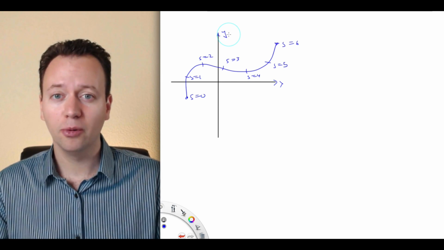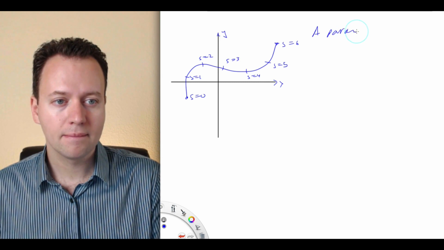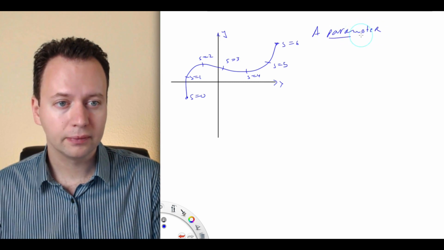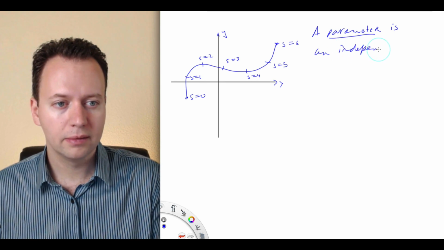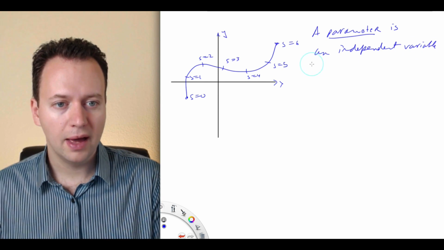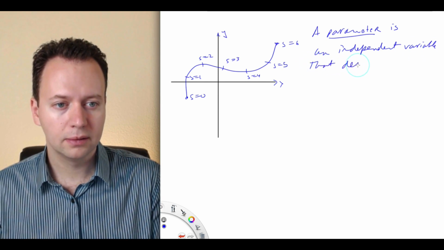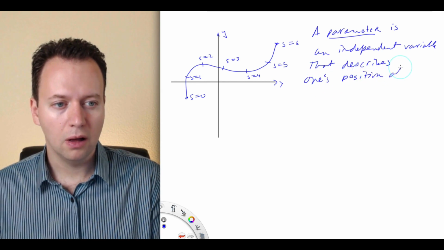And that sort of variable is called a parameter. So a parameter in this context is an independent variable that describes one's position along a given curve.